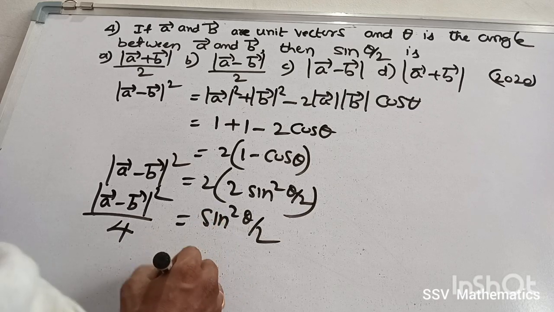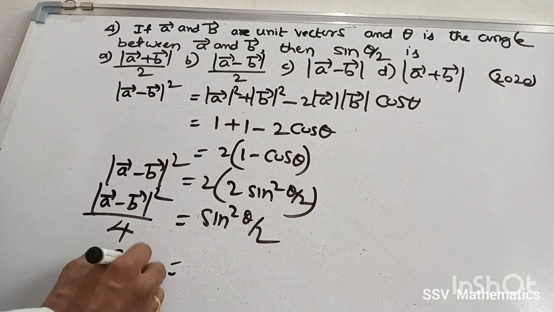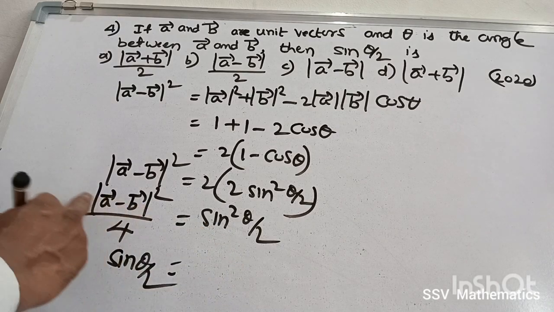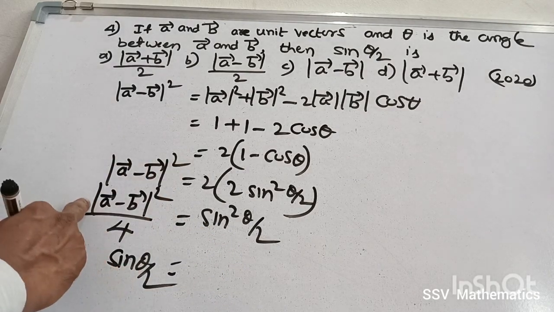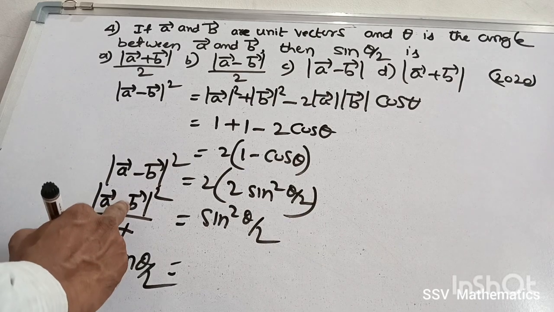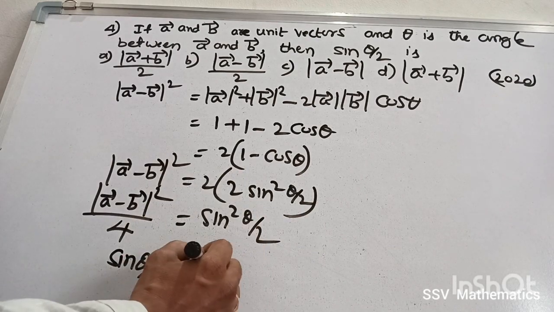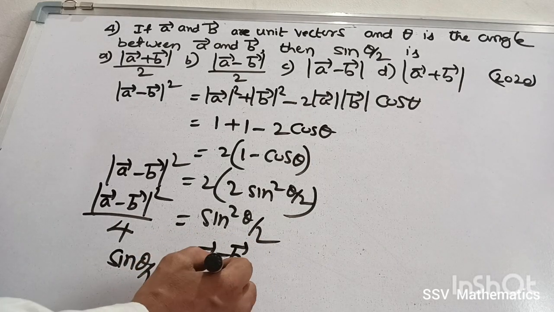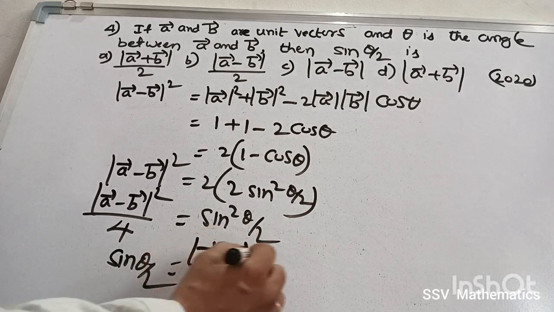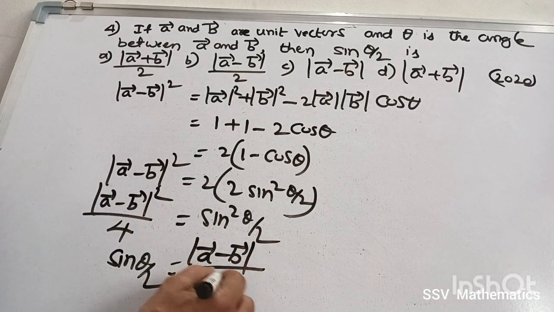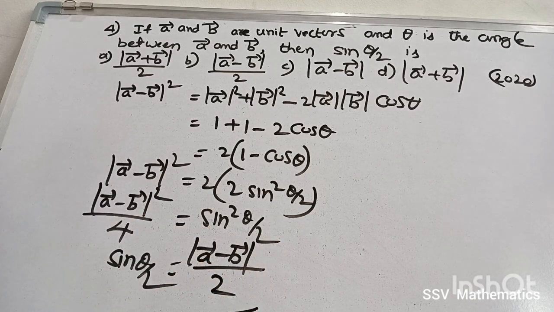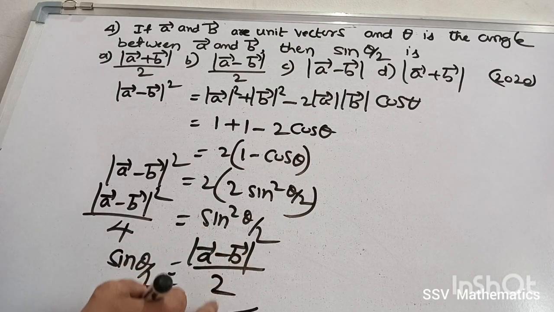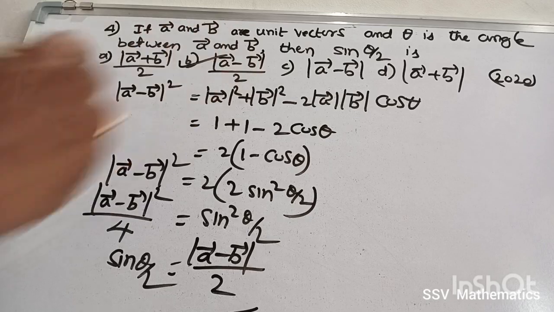So take the square root to this side. Magnitude of A minus B whole square root becomes magnitude of A minus B divided by square root of 4, which is 2. So therefore sin theta by 2 is equal to magnitude of A minus B divided by 2. Option B is correct.